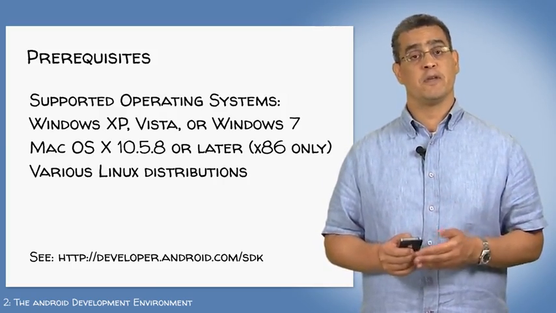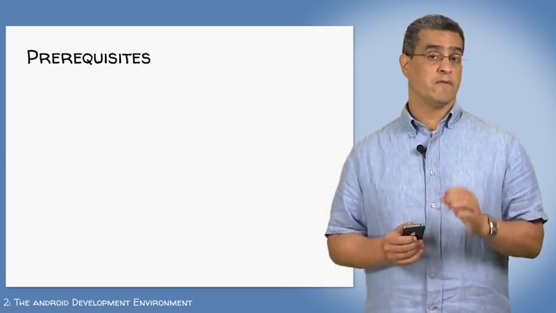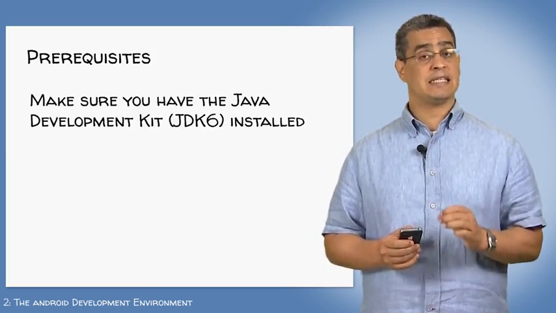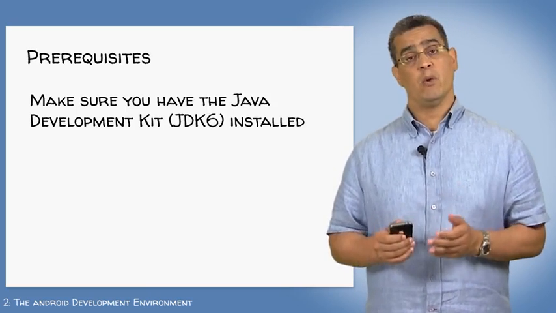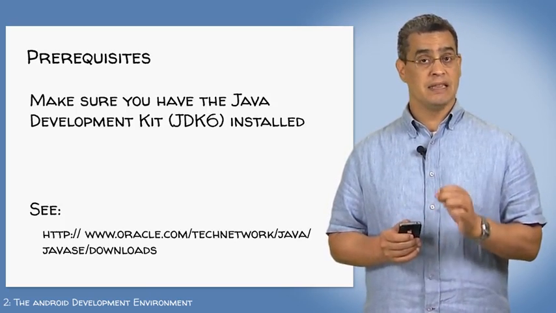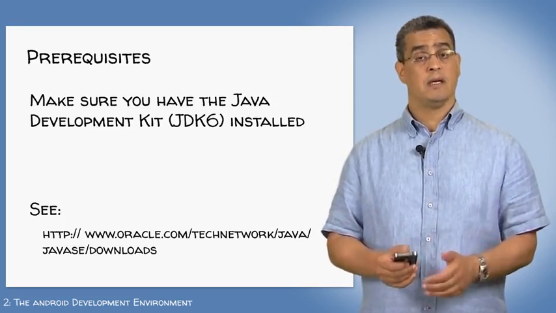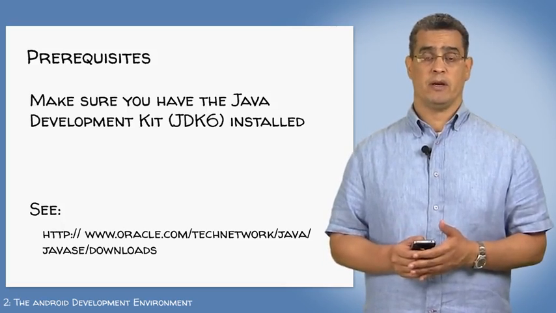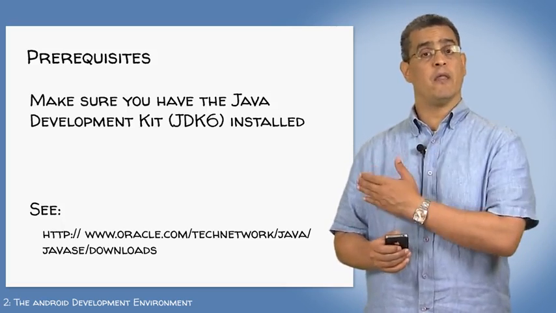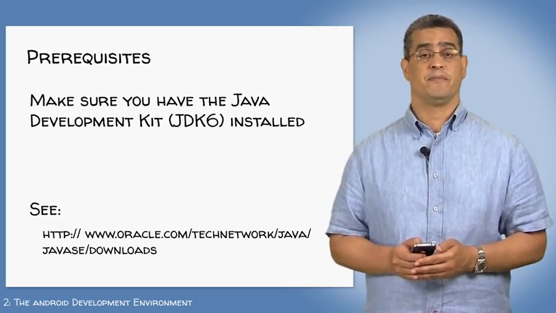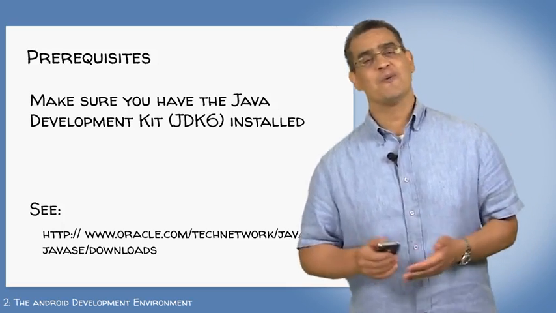Now, you should also make sure that you have the Java Development Kit version 6, or the JDK 6, installed. And be aware that JDK 6 is not the latest version of Java. So some of you may have version 7, but that's not fully supported by Android. Again, check the following website for more information. So now we're ready to get started.